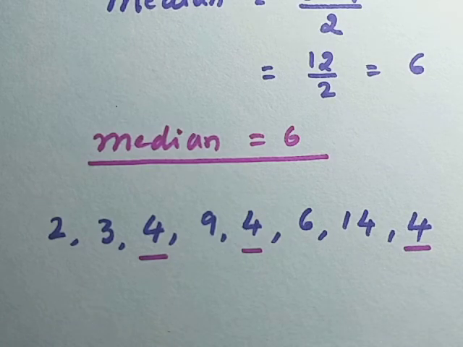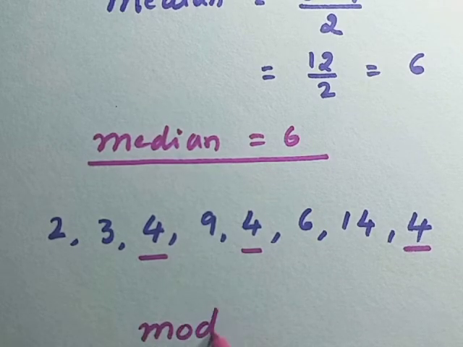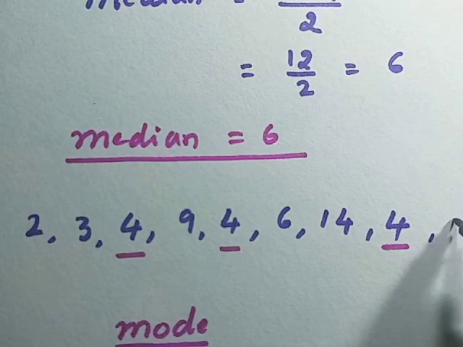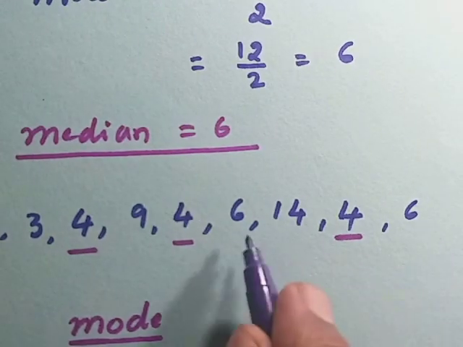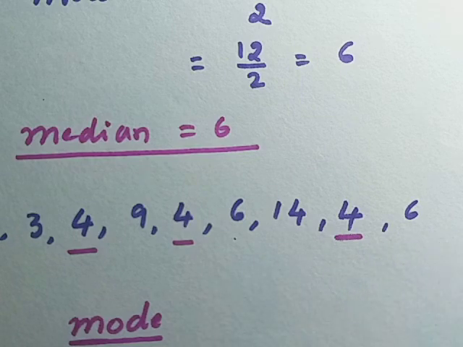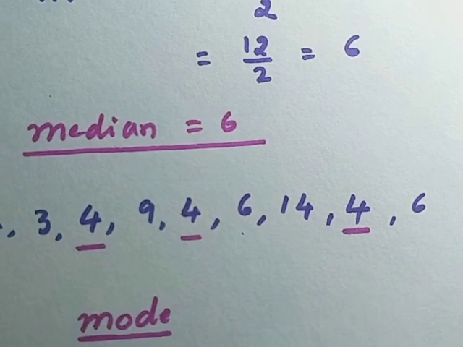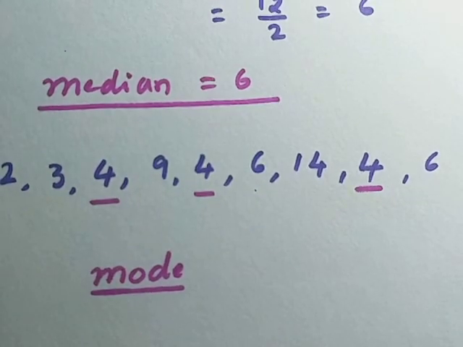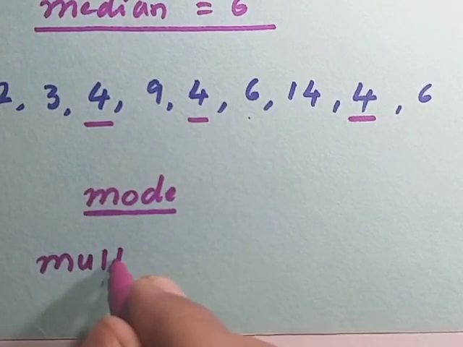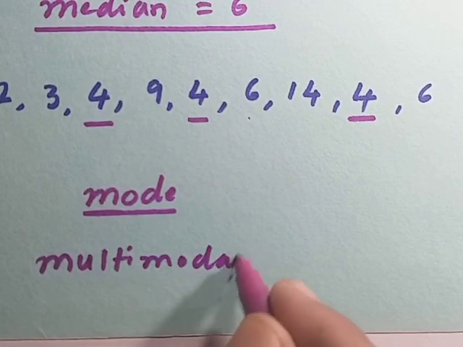The number which repeats the maximum number of times in the given data is called the mode of the data. Suppose one more, say 6, is there. So 6 and 6, again 6 is repeated. Therefore, such kind of data will be known as multimodal data.